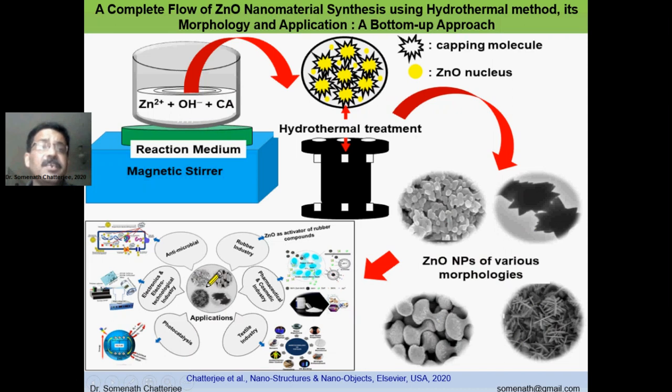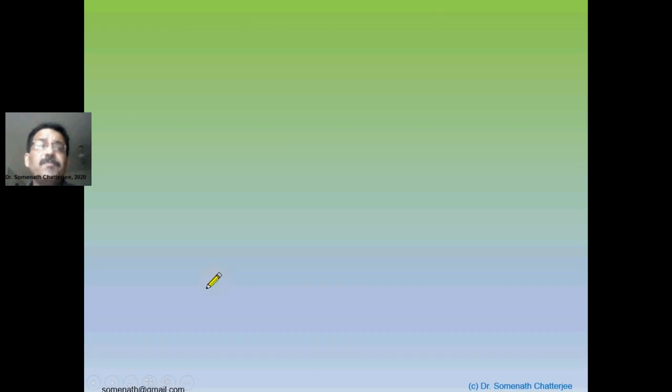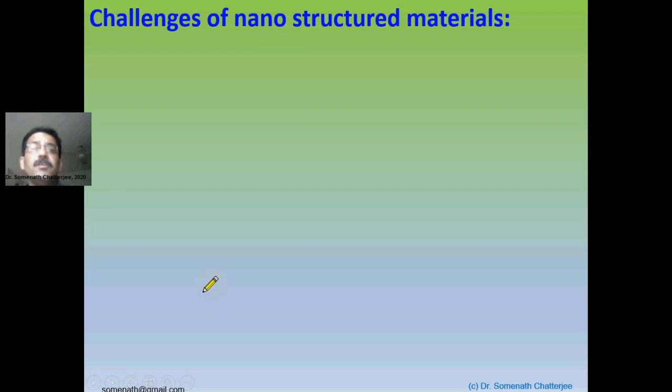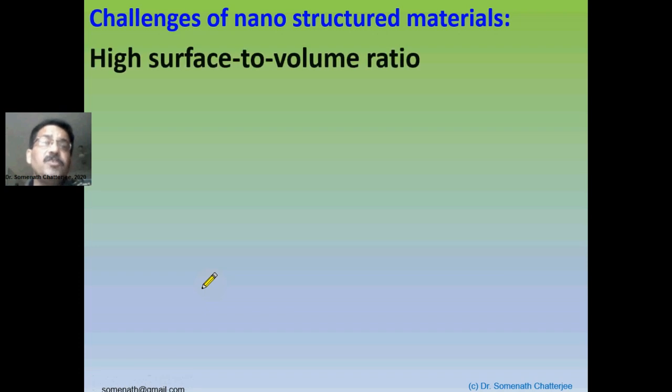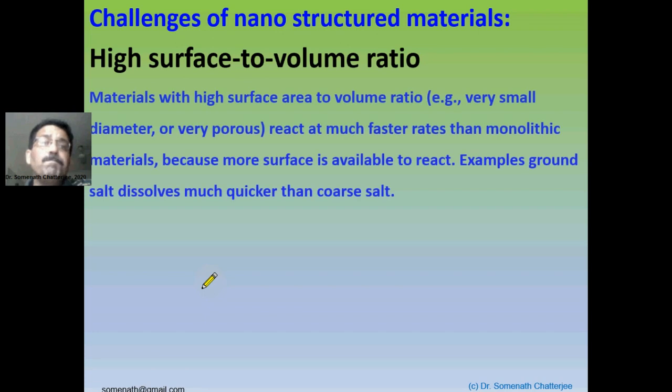Here we are showing the different SEM images or TEM images of the same morphologies, and these have wide applications. Now we are going to the challenges. What are the challenges? There are two distinct challenges for nanostructured materials. One is the high surface to volume ratio. It is very important to know about the surface area.